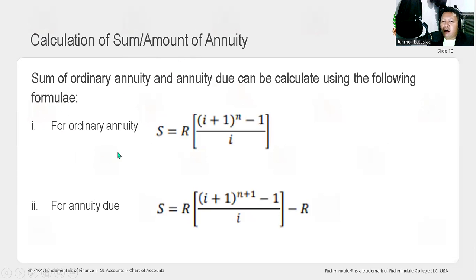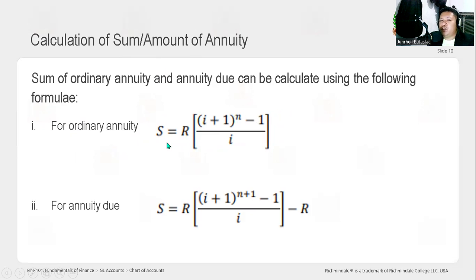Here are the formulas for the calculation of the sum or amount of annuity. The sum of an ordinary annuity and annuity due can be calculated using the following formulas. For an ordinary annuity, the formula is S = R[((1 + i)^n − 1) / i].